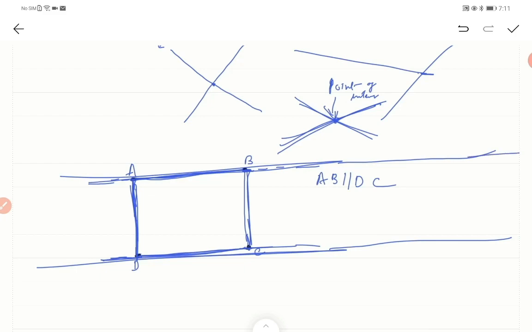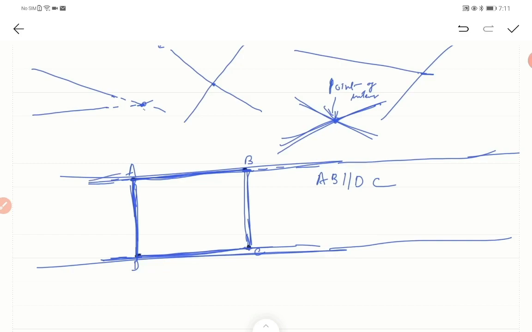Now if I have two lines something like this, when I extend these two lines further in their path, this line is meeting the other line at some point. Such kind of lines we call intersecting.